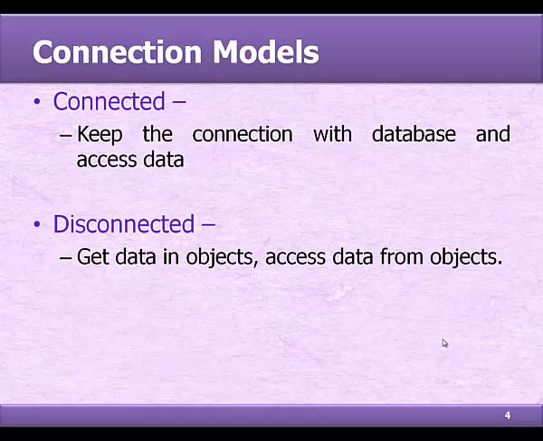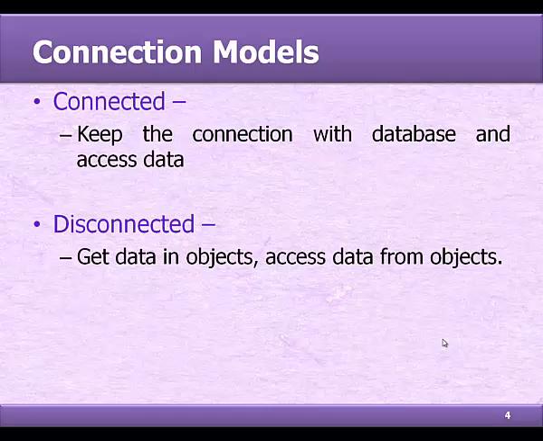In the disconnected model, the front end is not connected to the back end continuously. As a result, the resources are utilized very little, whereas in the connected model, the resources are more utilized, as the connected model occupies space in the memory to read the objects and save the objects.